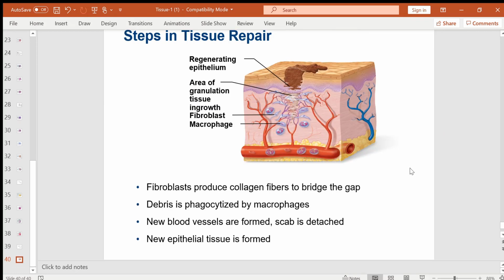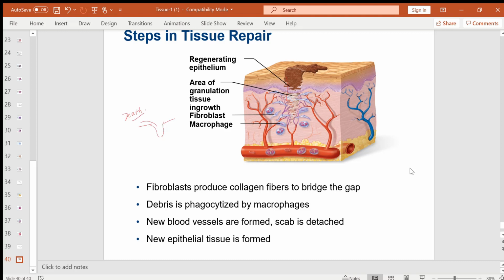Now after the inflammation, some cells die or tissue dies, and how does the healing take place after the inflammation? So first, you see here the tissue. Let me draw here. So this is the area where the tissue death has occurred.